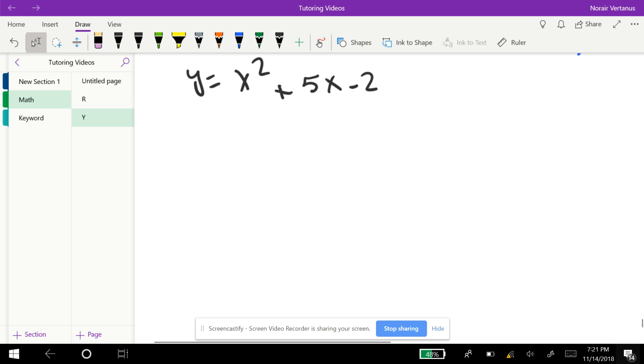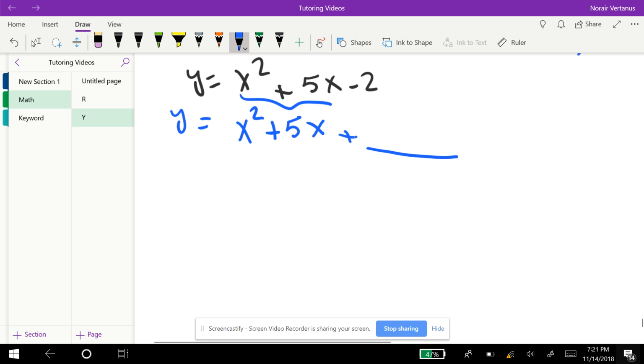So one more time, you have the chance here to learn how to do the perfect square method. So just write y equal to, I'm just going to write this down, x squared plus 5x. And I need to add and subtract a number here and then minus 2. So a number here is going to be added and subtracted.